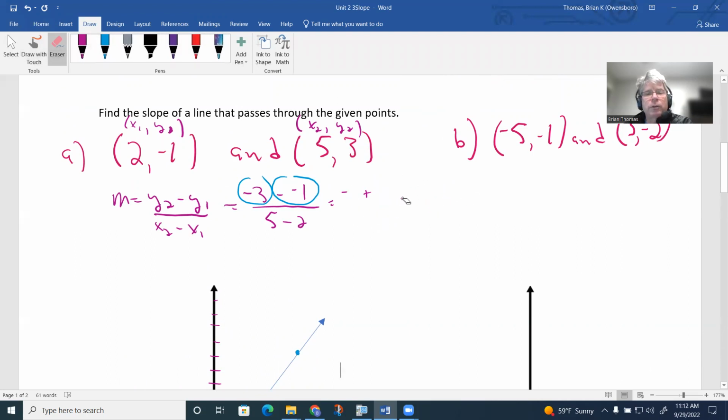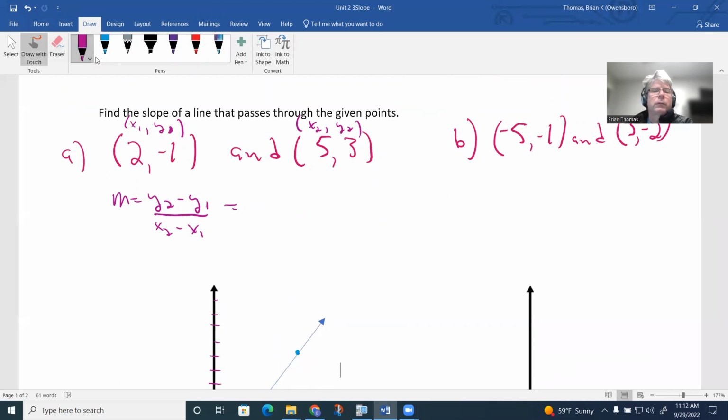I use this to double check sometimes. Okay, so reset. So again, my y value is actually a 3. So 3 take away a -1 and 5 minus 2. So again, we can recognize that this is the first term and this is the second term.